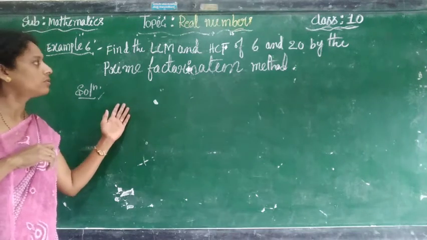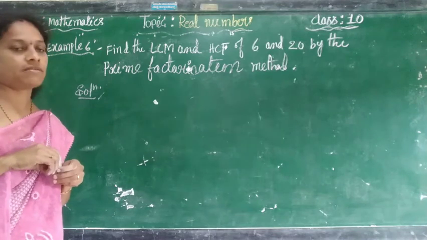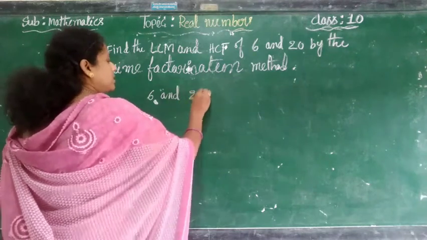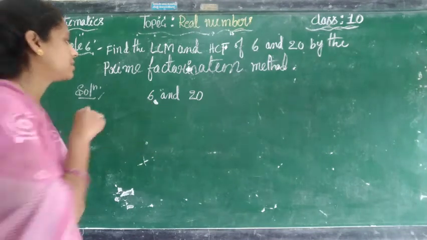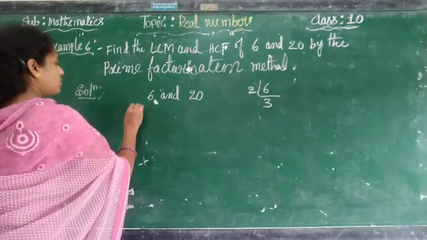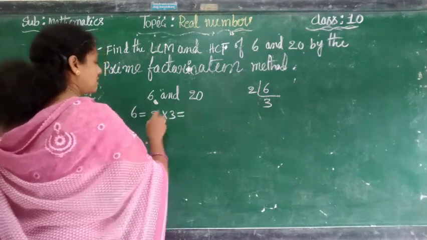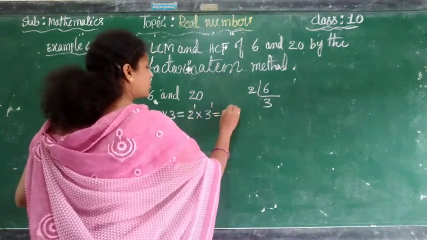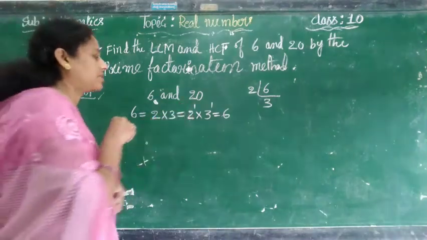First we take 6 and express it by prime factorization. 6 is equal to 2 into 3, so 2 threes are 6. Next we take 20 by prime factorization.